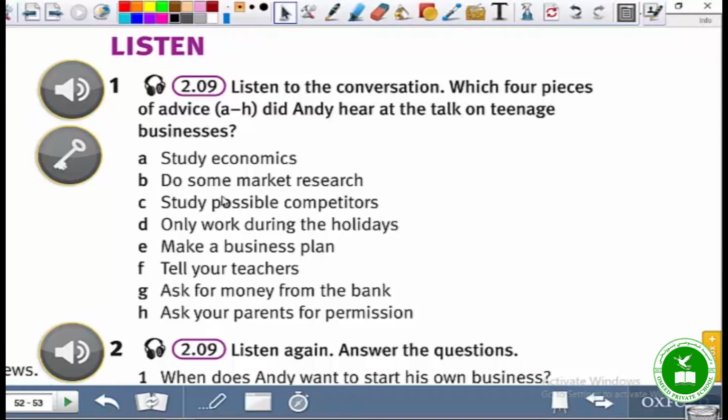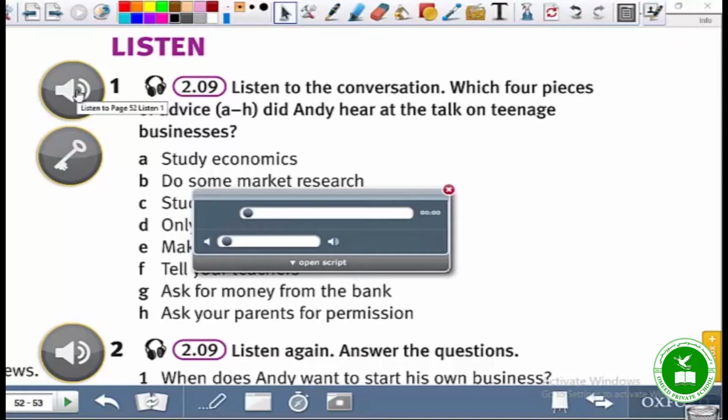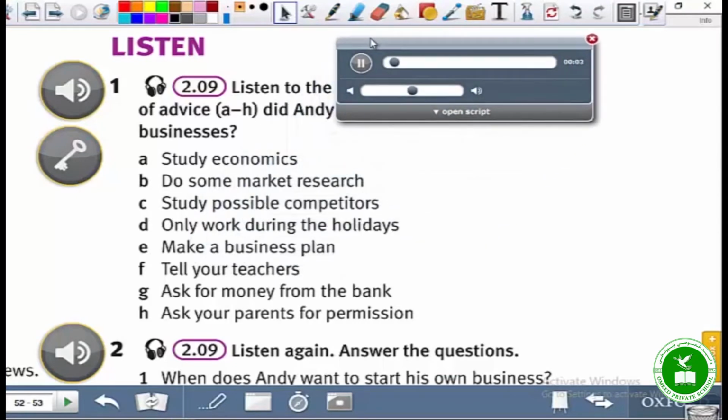So let's listen to it. Then try to find those 4 advice. Okay? So let's listen. Unit 6, page 52. Listen. Exercises 1 and 2. Listen to the conversation.